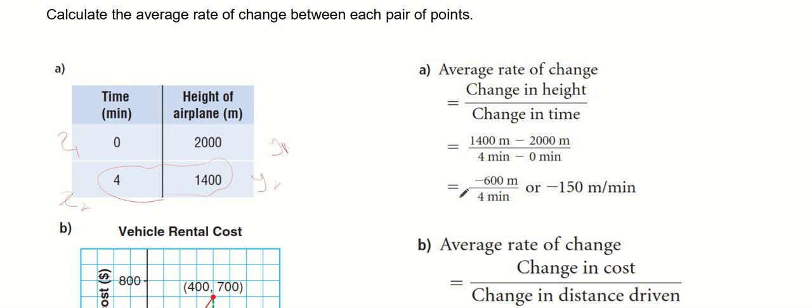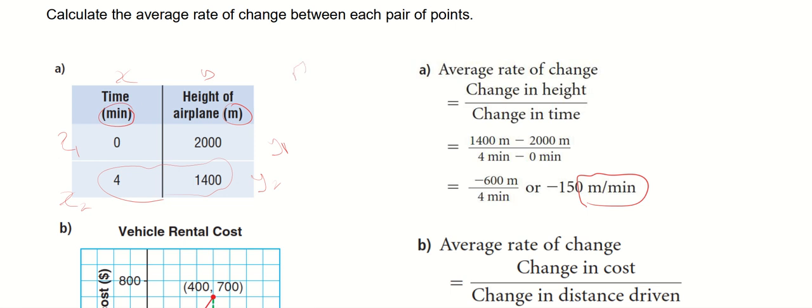And when you calculate it, you will have 600 over 4 minutes, or essentially negative 150 meters per minute. Now, how do I know it's meters per minute? I know that by looking at the units for the y-axis right here and the x-axis. I look at the units. Here is meters and here is minutes.